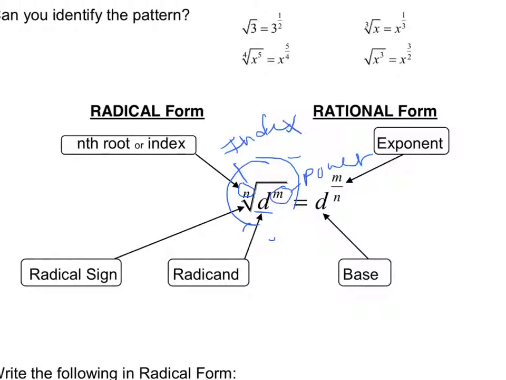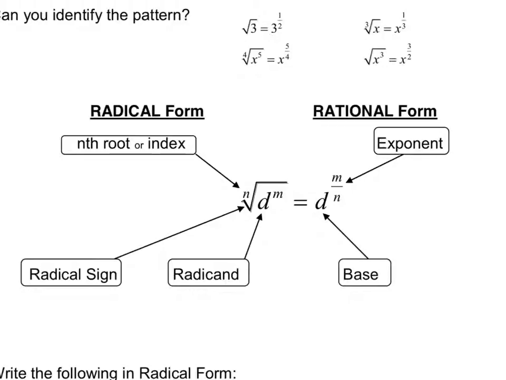Okay, so now that we know the parts, we must learn how to put them in radical form.